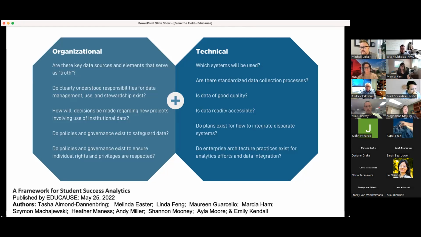One of the nice things is that these names on here, in terms of the authors, Tasha, Linda, Maureen, Marcia, Simon, Andy, Shannon, those are all people who are on this steering committee for this community group. And that is a reflection of this notion that we really want this community group to be about practitioners contributing their knowledge and insight and experiences to the community so that we all can benefit.